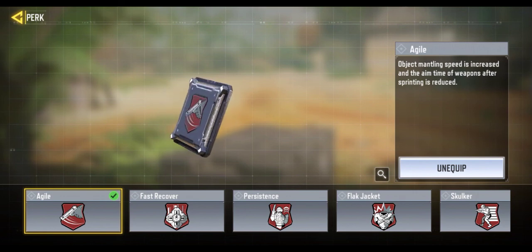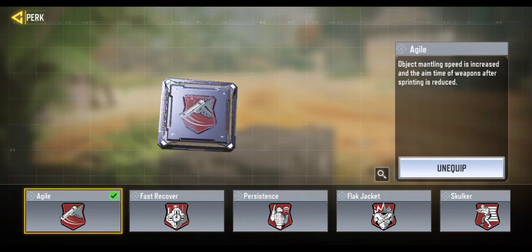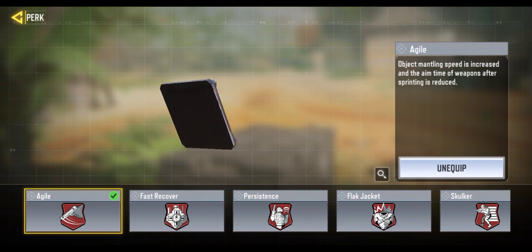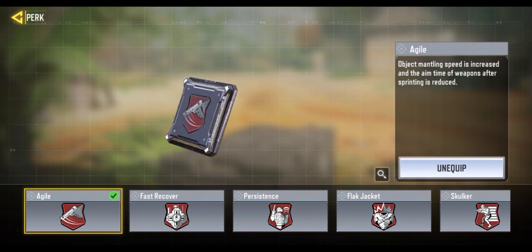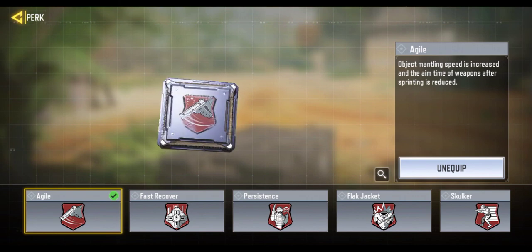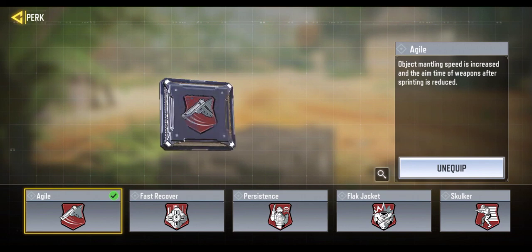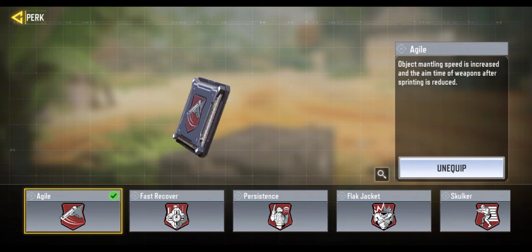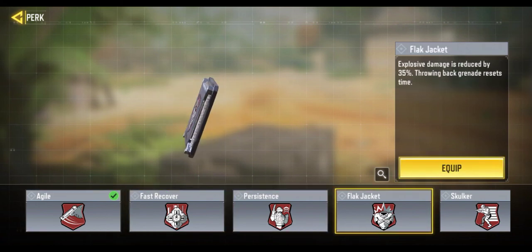It means that if you aim while moving at high speed, then it will be best. It increases your ADS speed. So I refer to use this. Only if you are sliding, and sliding happens only if you are doing fast movement. So use this Agile.